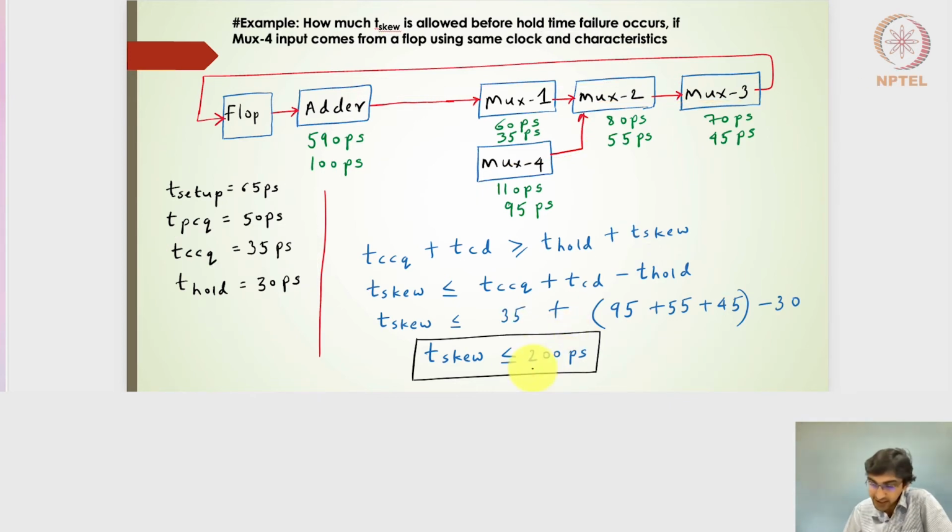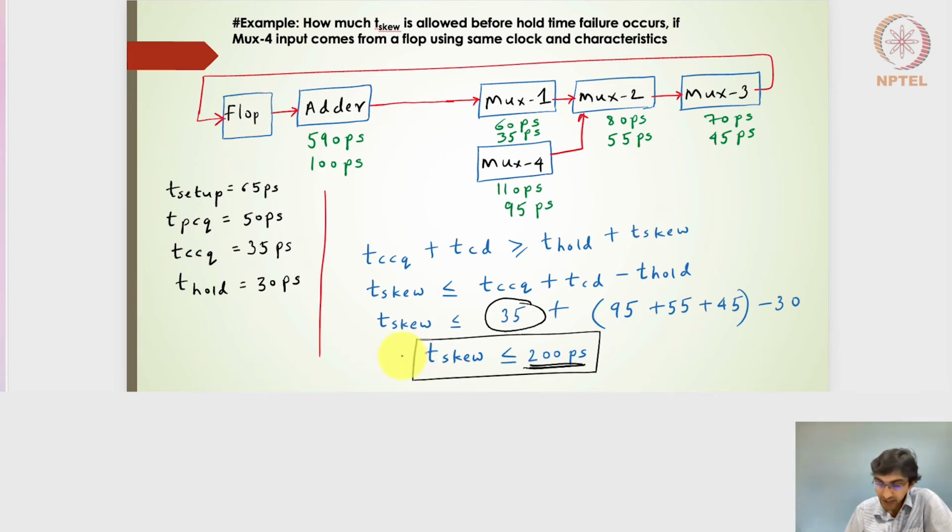In fact, the T skew that can be allowed is 200 picoseconds, because I have considered this MUX4 input to be a timed one, which has 35 picoseconds, right? So my allowable T skew is around 200 picoseconds, and what we are assuming here is that the MUX4 timed flop and this particular flop have the same characteristics.